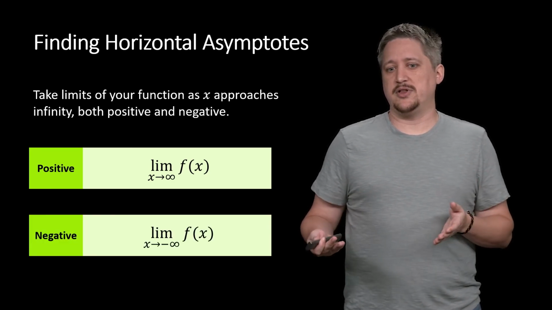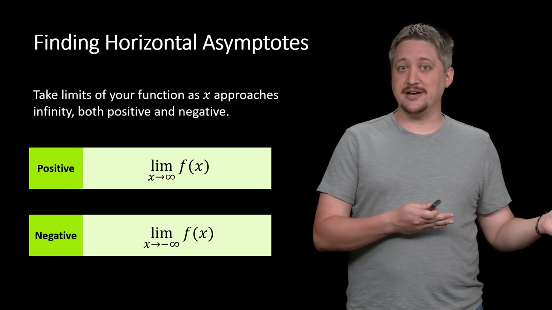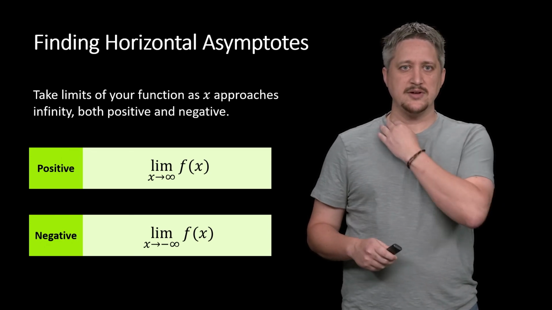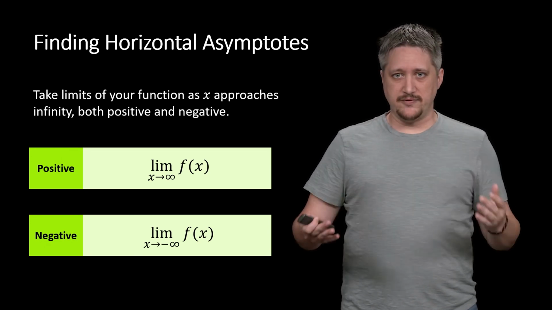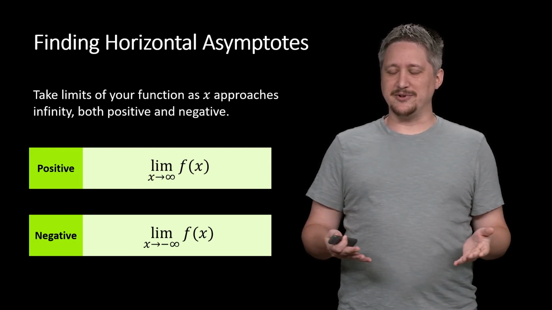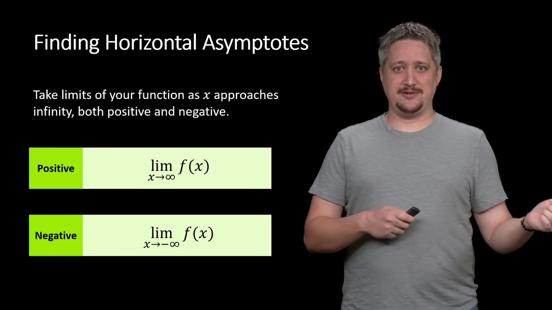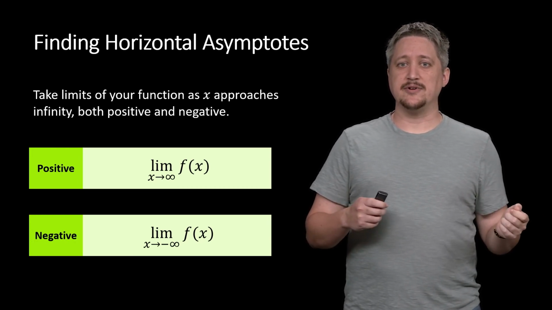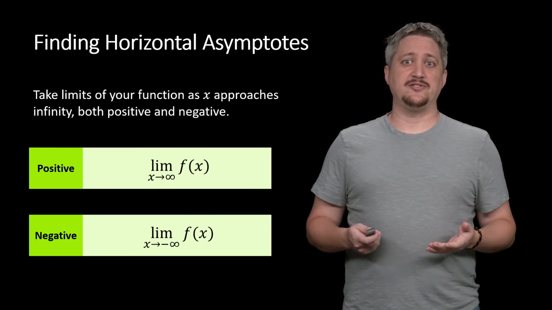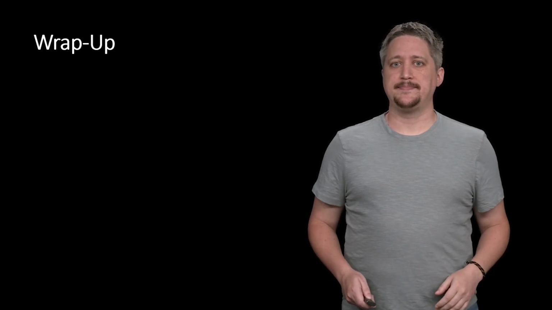And likewise, the negative side gives the left horizontal asymptotes. To be clear, it is very common, for a lot of interesting reasons, that you will get the same horizontal asymptote in both directions, but that's not always the case, so it is important to check. Okay?